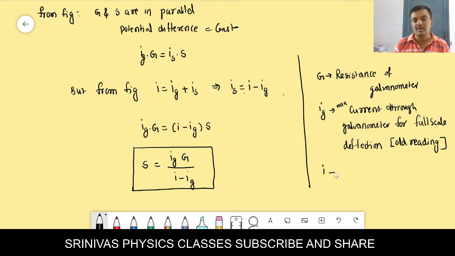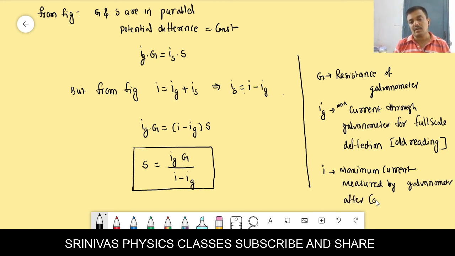Then I is the new reading: the maximum current measured by the galvanometer after connecting a shunt resistance, after converting it into an ammeter.